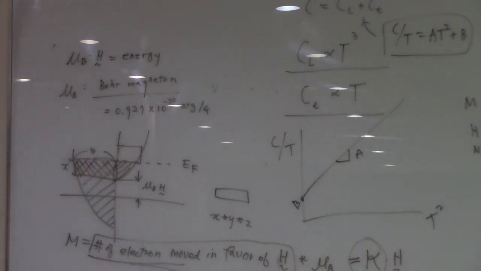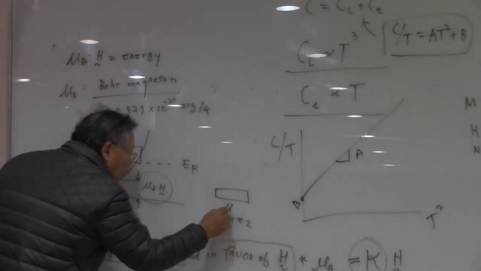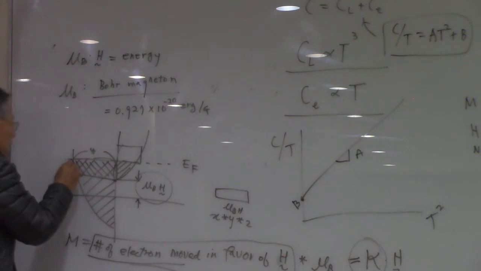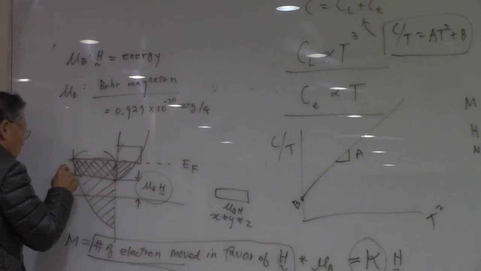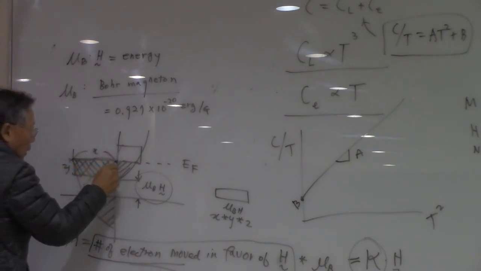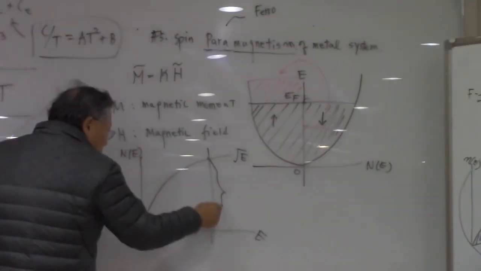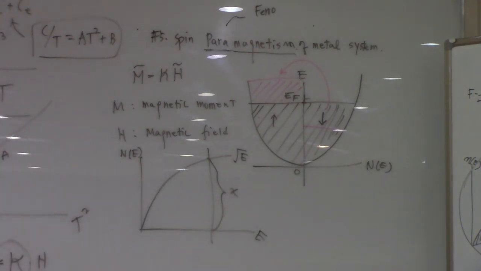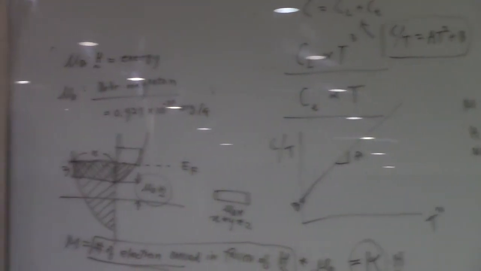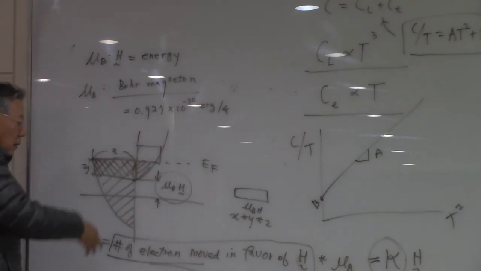That has been moved to here. Okay, just x times y, and y is obviously mu B H. And then x, we know from here, we know this distance. That is going to be x here. So you just apply that free electron model to this.